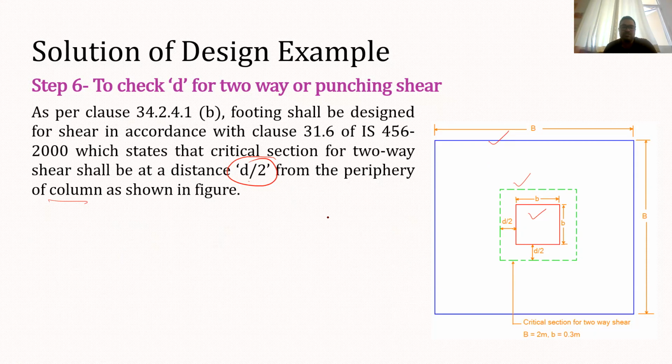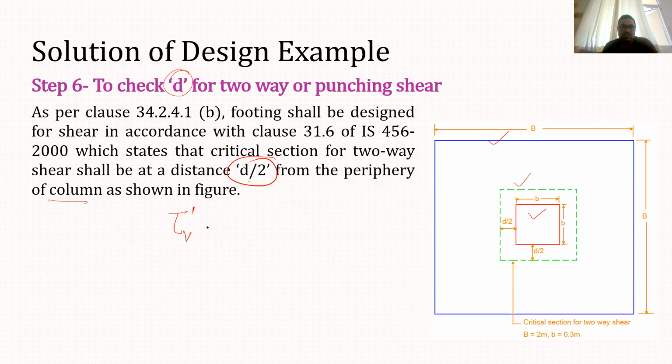But before that, we will see what is the limiting condition, or in other way, in what manner we will say that D is safe in punching shear criteria. So in this case also, we again have tau v, which means again we call it nominal shear stress, but here for two-way shear, I am expressing this as tau v dash.